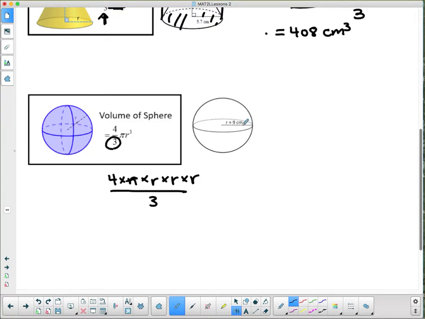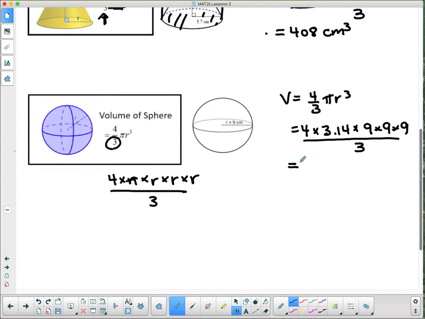So here's our radius, and remember, if you're given a diameter, you have to use half of that. The radius here is 9, so volume equals 4/3 pi r cubed, but here's how we're going to write it down: 4 times pi, which is 3.14, times 9 times 9 times 9, divided by 3.